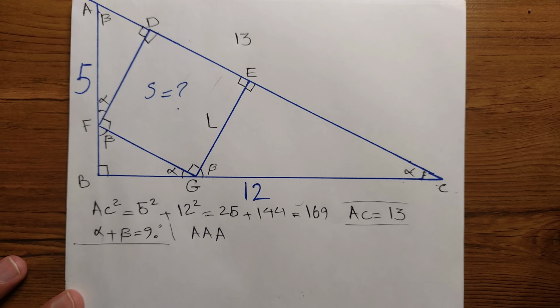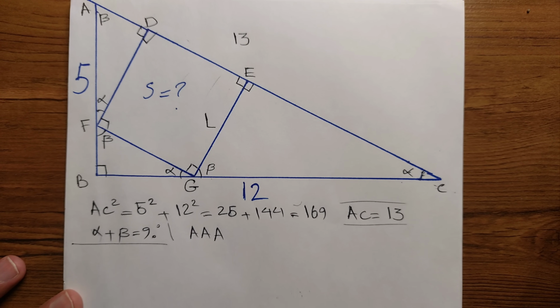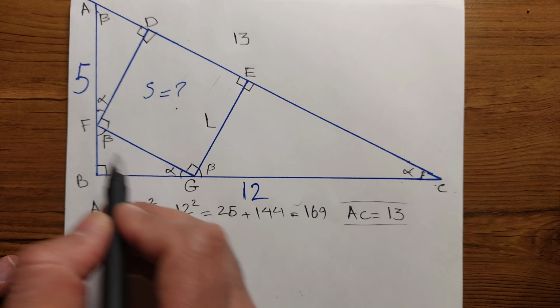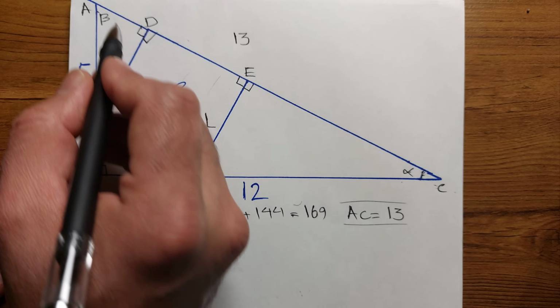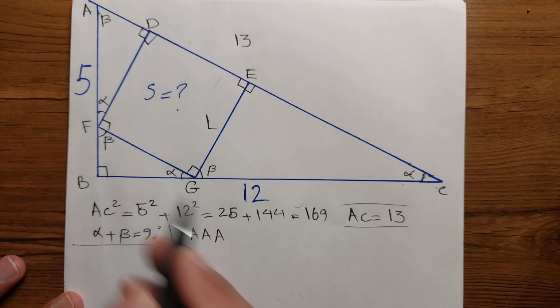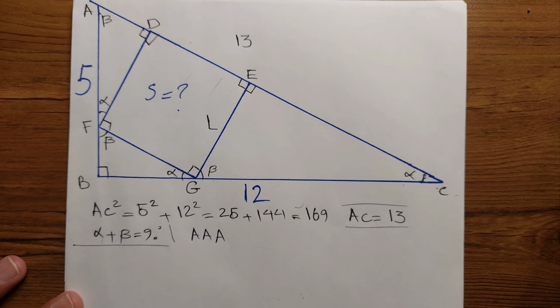It means that the corresponding sides have a similar proportion to one another. So we know that this triangle has alpha, beta, 90 degrees, the next one alpha, beta, 90 degrees, the next alpha, beta, 90 degrees, and the bigger one as well. All these triangles are similar to one another.